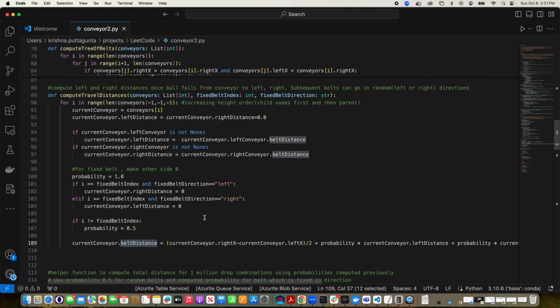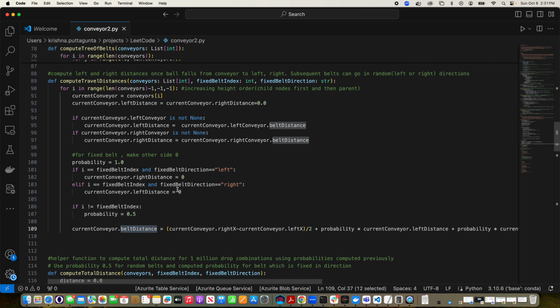Then go to the next belt upper in the hierarchy, and compute the belt distance of that based on whether it has a right belt or a left belt that it is falling onto, right? For each of these distances you take the probability as 0.5 for the right and left, because other belts could go randomly with 0.5 probability. Either it can go left or right. But if it is fixed, then we always take probability 1. We know that that particular belt is fixed in one direction.